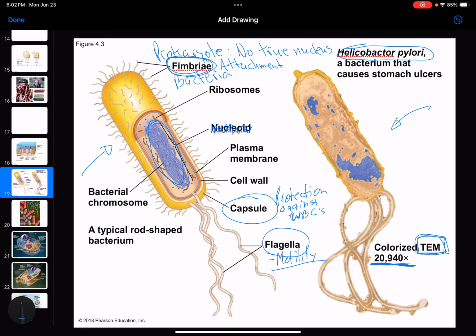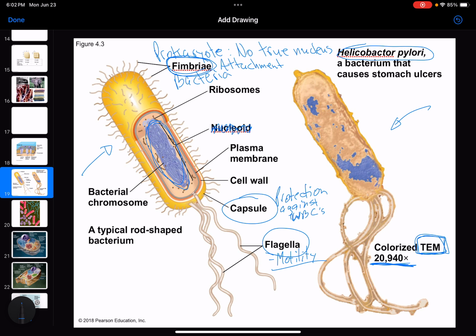Capsules also allow bacteria to create what are known as biofilms. Biofilms would be a film of bacterial growth on, let's say, the surface of your teeth. Those are biofilms. And they can create issues for medications.